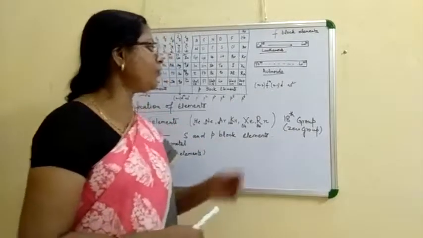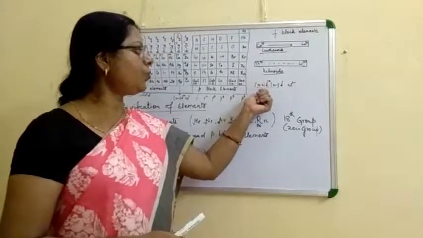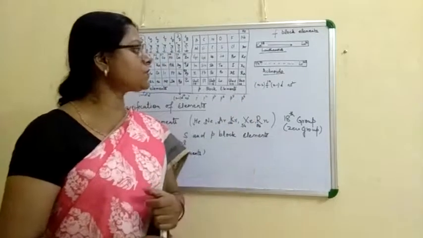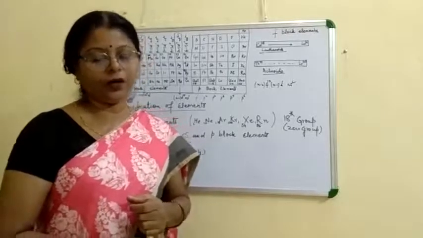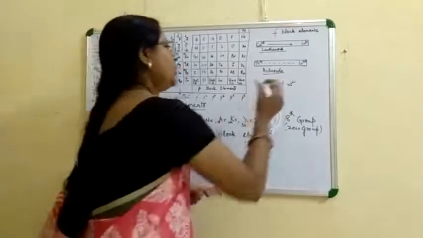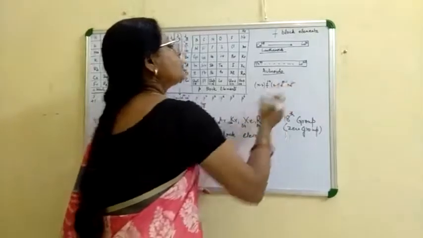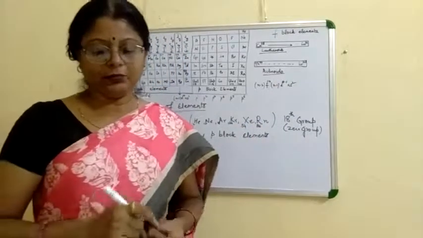As I explained before, (n-2)f1 to 14 (n-1)d0 to 1 ns2 is the electronic configuration of these elements.